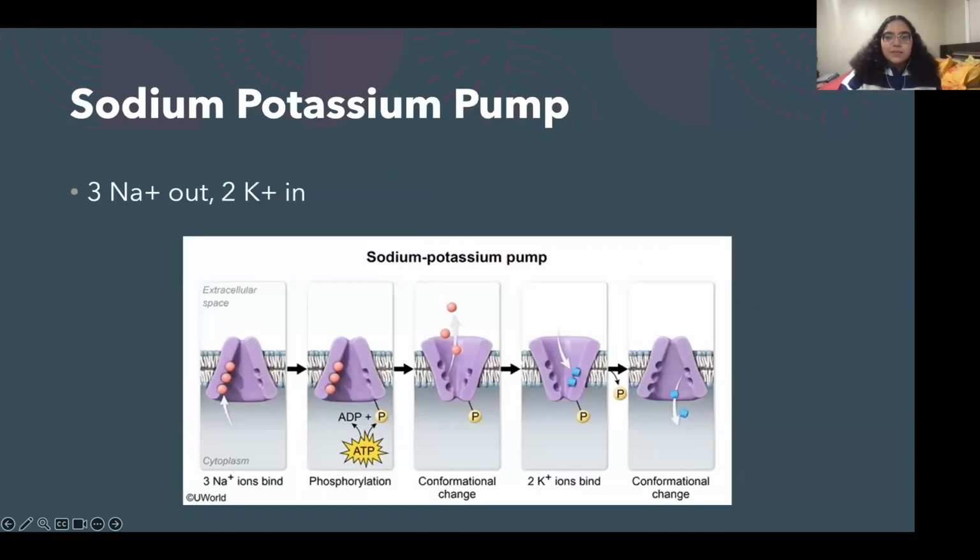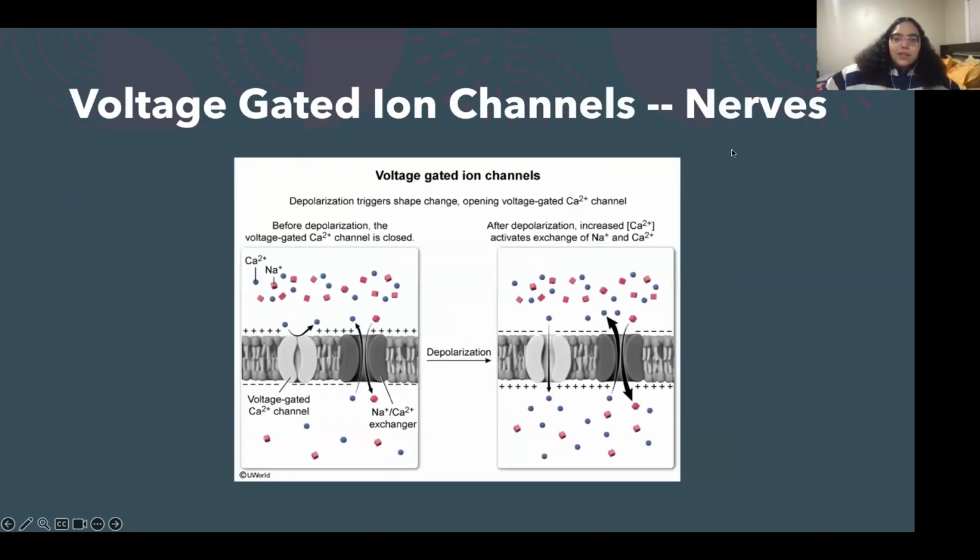The sodium-potassium pump is probably one of the most common transport pumps that you should know. It's 3 sodium out, 2 potassium in. So that's important. You also have a phosphorylation step, also important to know. And then in the nerves, you'll have voltage-gated ion channels, also important to know.